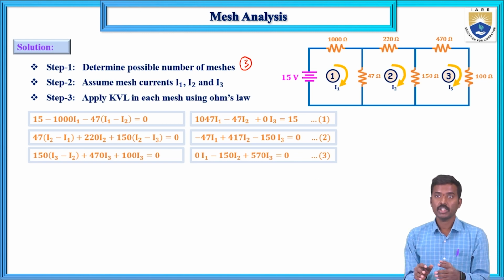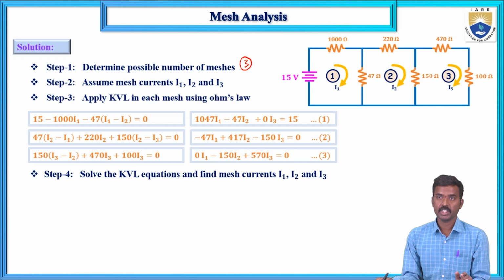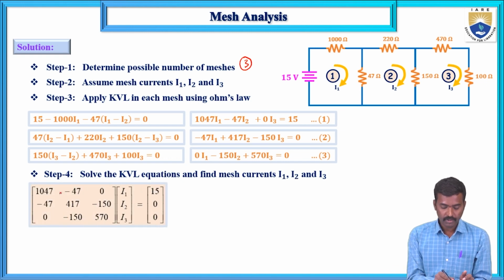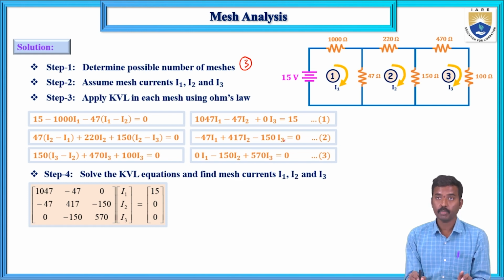From these three equations, first convert into matrix form, then find the currents I1, I2 and I3 using Cramer's method. Solve these KVL equations and determine the mesh currents. The matrix is 1047, minus 47, 0; minus 47, 417, minus 150; 0, minus 150, 570, times I1, I2, I3, equals 1500.